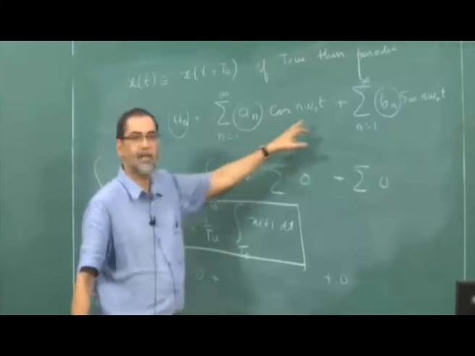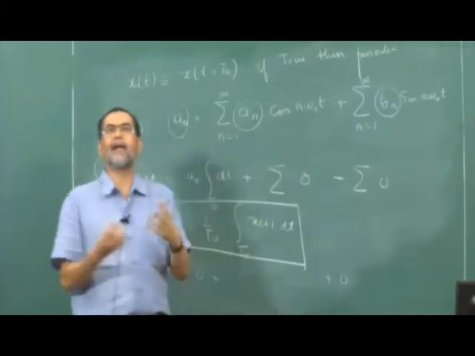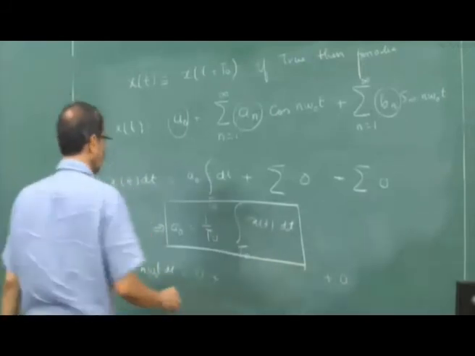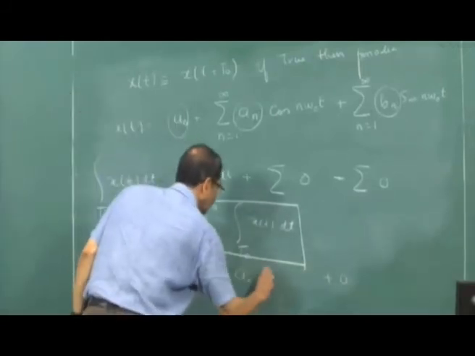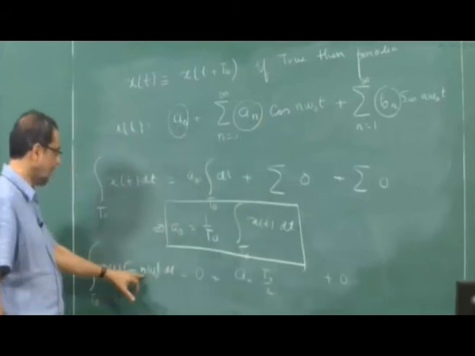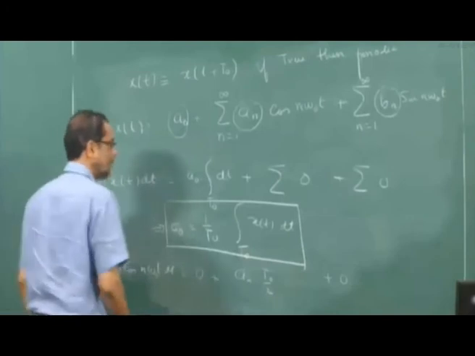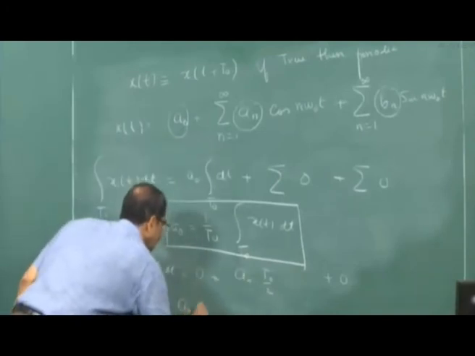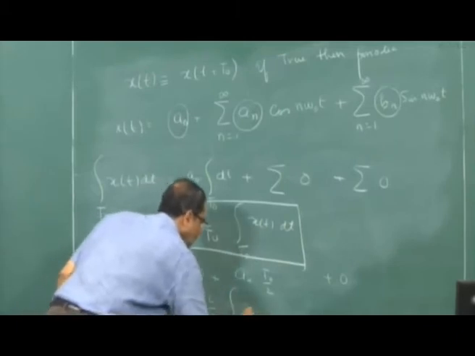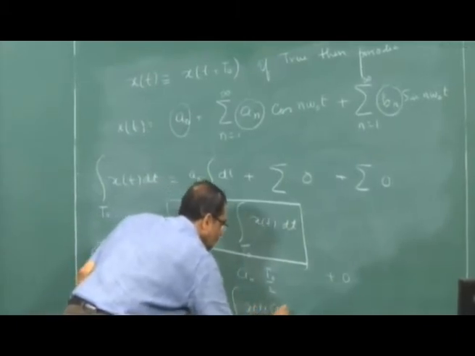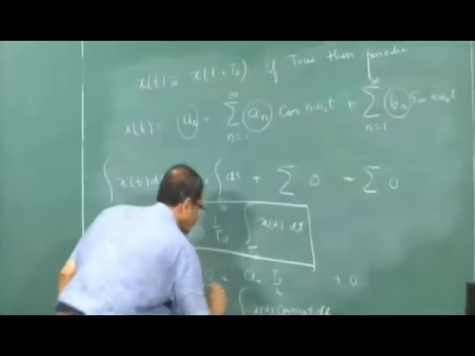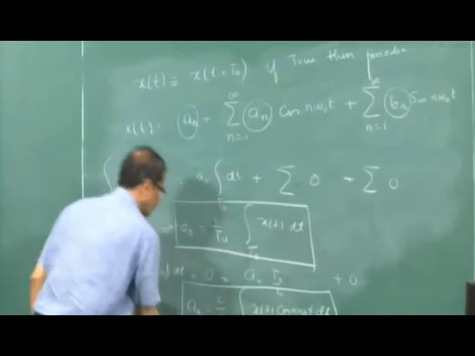In this summation, as long as m and n are different, they will integrate to 0. So only one property I am left with. So I get a n into T naught by 2. This is n, this is n. This means a n is 2 by T naught into the integral of x of t cosine n omega naught t dt. That's how I can find out the values of a n.